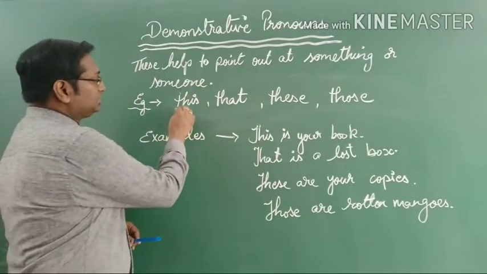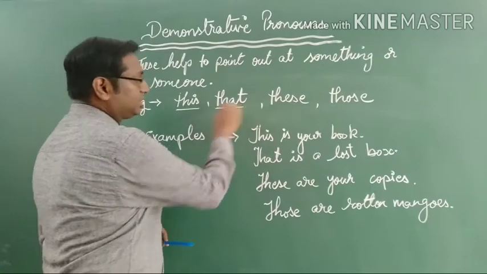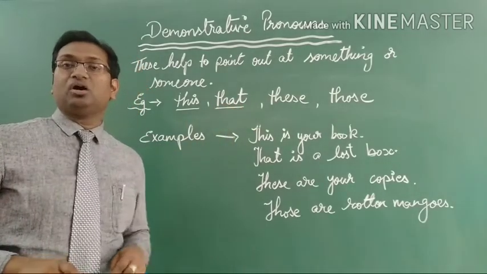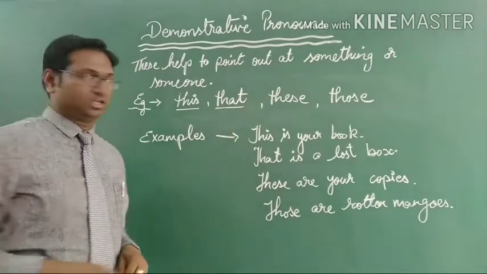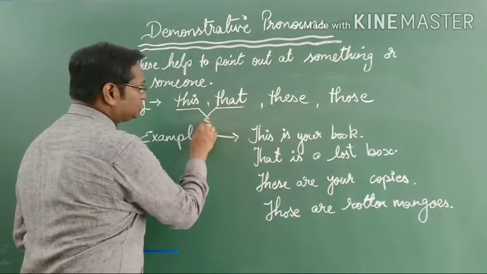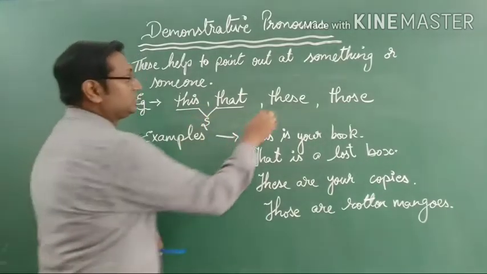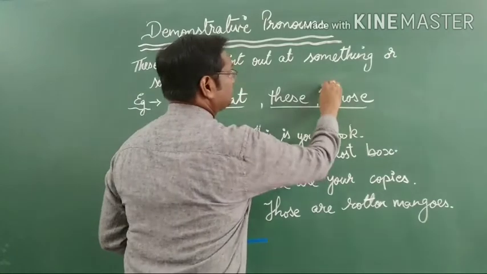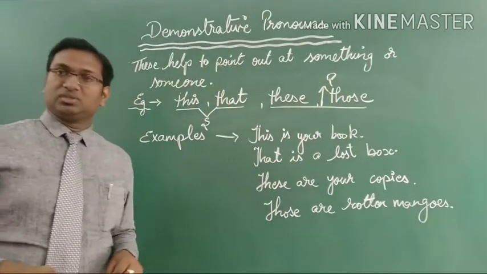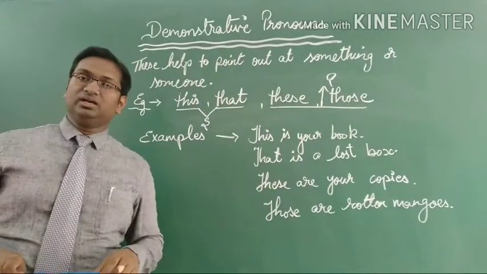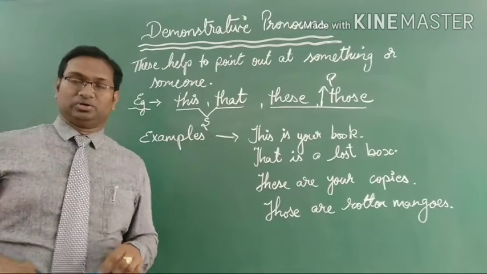If we are using this or that, it means we are using it for a single person or thing. So this and that we use for singular. These, those we use for plural. This, that for singular; these, those for plural.